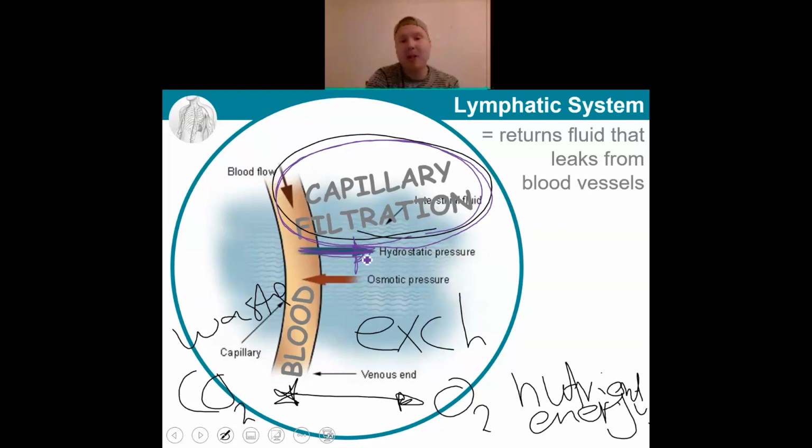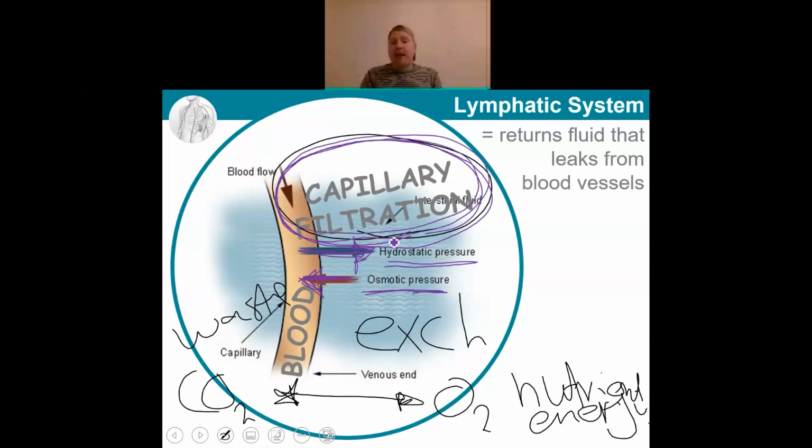This force was known as hydrostatic pressure, and the other force was osmotic pressure. And osmotic pressure put things into the blood vessel. And this process of moving materials in and out of the blood vessel or the capillary was known as capillary filtration. So that was the exchange of materials.